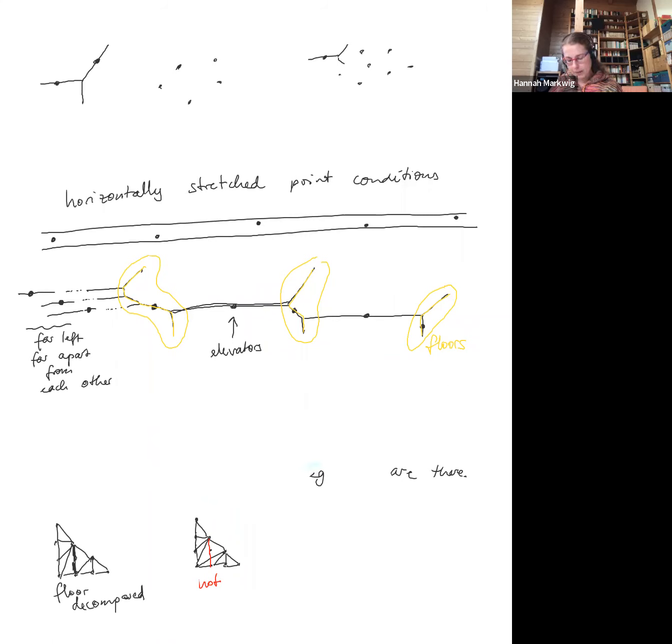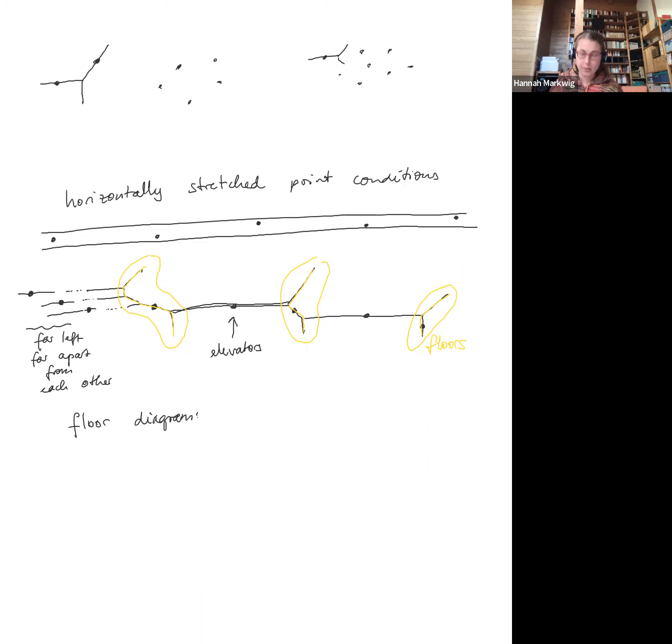These graphs are going to be finite objects that we can then count very easily. I'll show you. First, let me sketch this so-called floor diagram that we produce from the tropical curve. I will define it in a second, but let me first give an idea of what is happening.